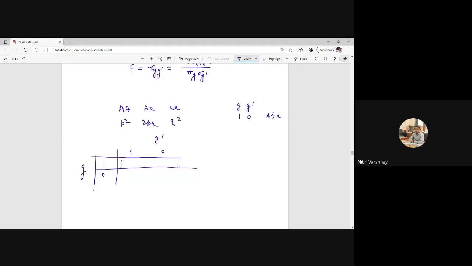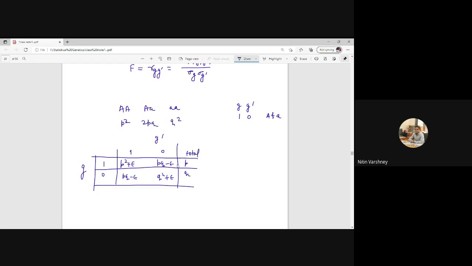So this is p square plus epsilon, this will be pq minus epsilon, pq minus epsilon, and q square plus epsilon. Because the total should be p and here the total should be q.